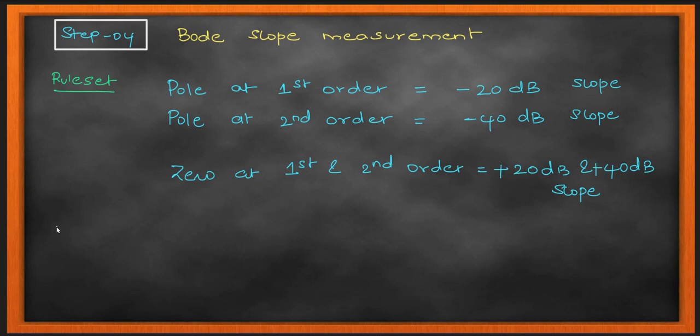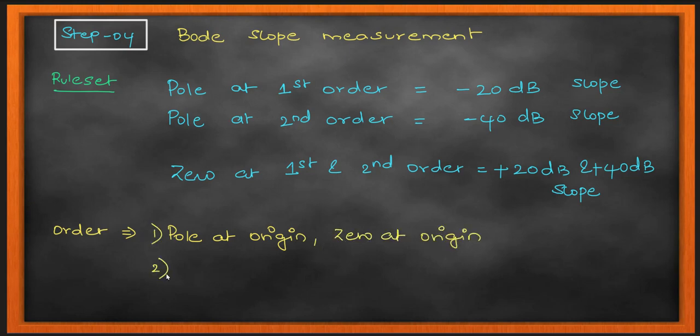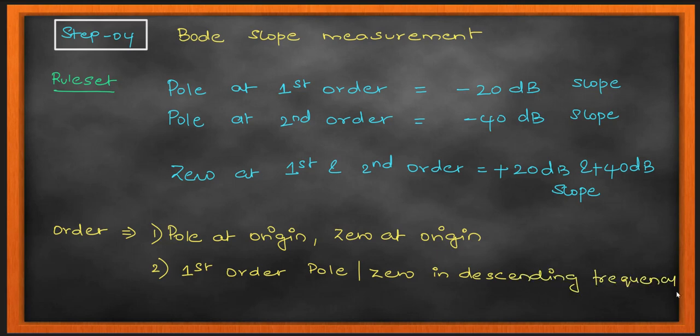And if you have a second order system present in your G of S, that system contributes a minus 40 dB slope. If you have zeros at first and second order, they contribute plus 20 and plus 40 dB. So here the polarity, the sign, is of essence. For my poles, the sign is negative, minus 20 and minus 40, and for my zeros, the signs are positive, plus 20 and plus 40.